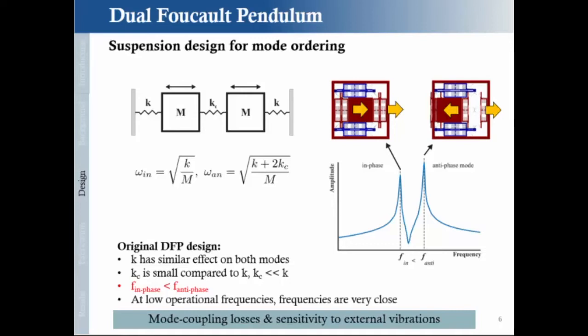So the problem is that the operational mode to achieve the dynamic balance would be the anti-phase mode. But because of the structure, the in-phase mode comes first, and this is a problem because it results in mode coupling losses, so energy can be distributed between the two modes, which is undesirable, instead of focusing at the mode of operation. The second problem is sensitivity to external vibration.